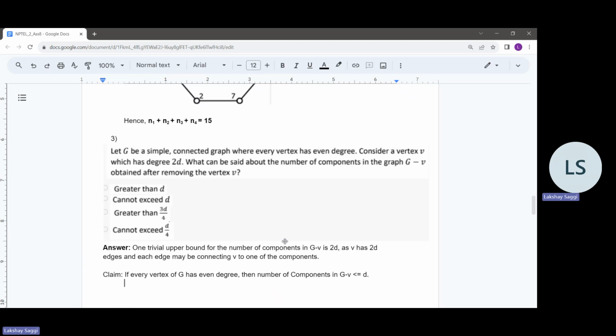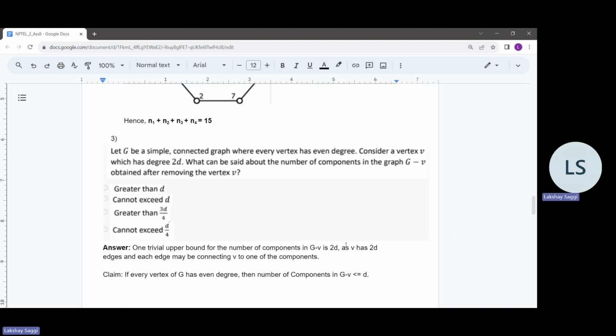Earlier I was saying that there were 2D components and each of the components should have had at least one edge to V. So there can only be 2D components. But now what I'm claiming is if every vertex has even degree, then all of the components of G minus V must have at least two edges to V instead of one edge.